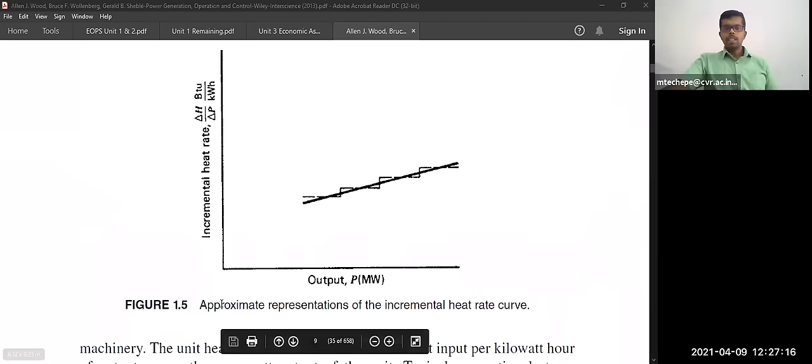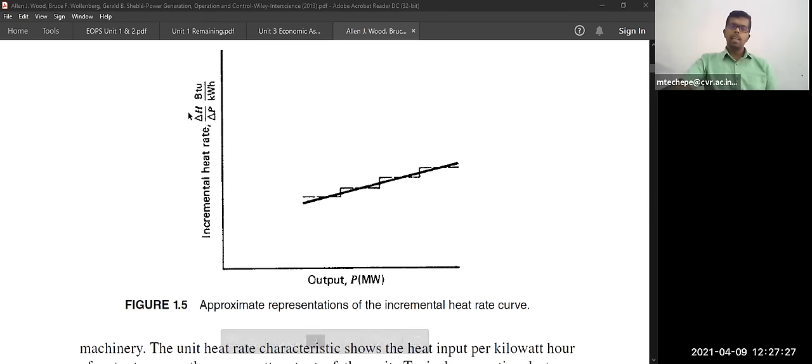This is an approximate representation of an incremental heat rate curve.